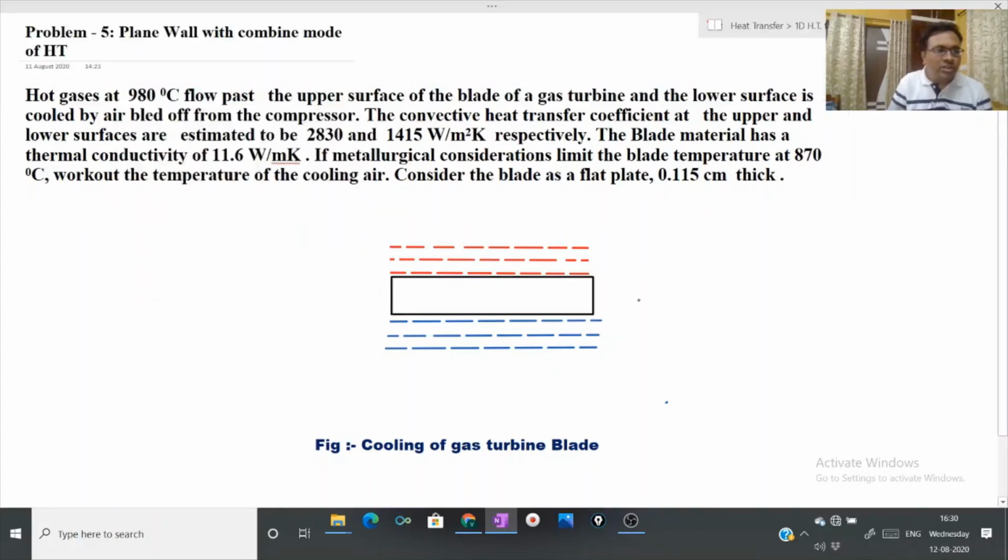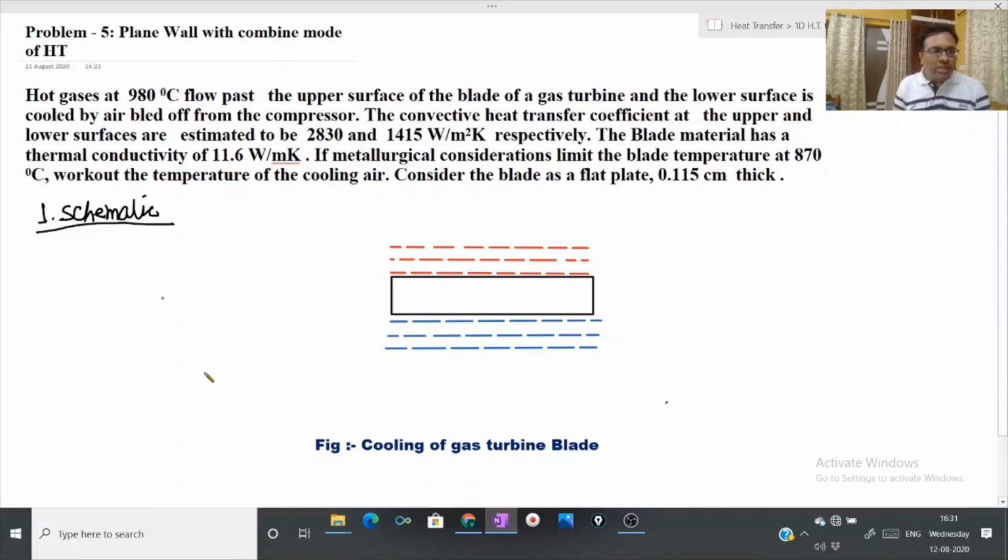let us first draw the schematic. Now in the given problem there is a gas turbine blade. On one side it is exposed to the hot gases and on another side it is being cooled with the help of air bled off from the compressor.